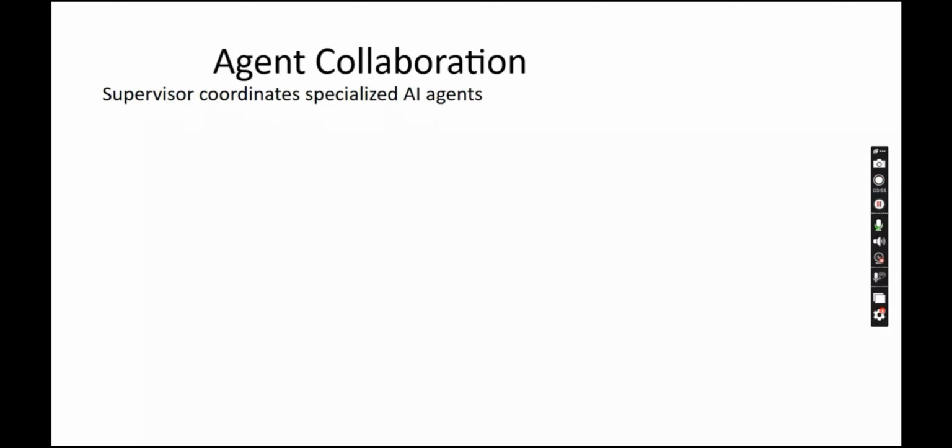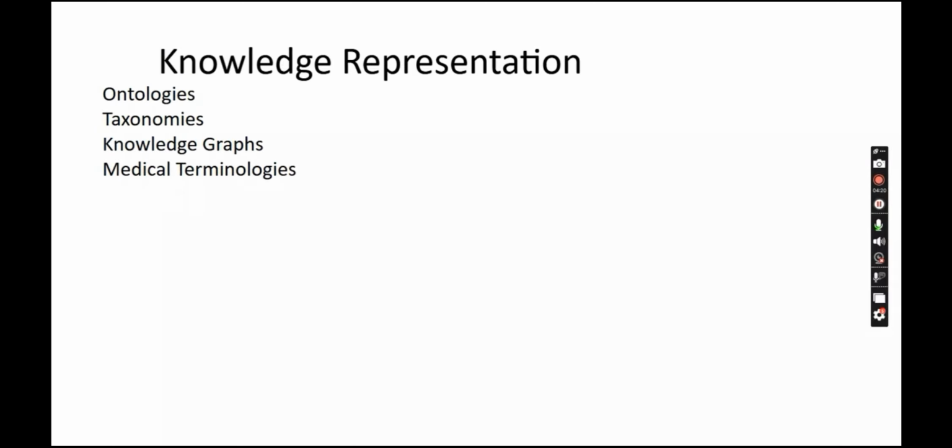Another major theme of this course is knowledge representation. Large language models are excellent at generating language, but enterprise organizations possess enormous amounts of structured knowledge that cannot simply be placed inside prompts. So we will learn how to organize healthcare knowledge using ontologies, taxonomies, semantic relationships, medical terminologies, and enterprise knowledge graphs.